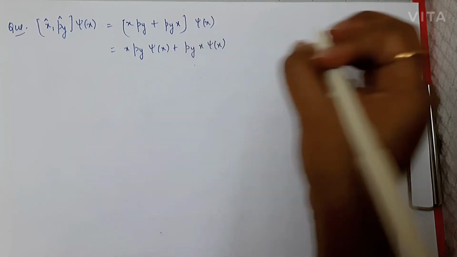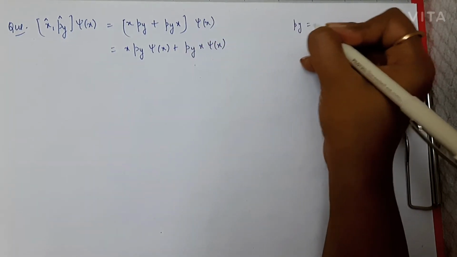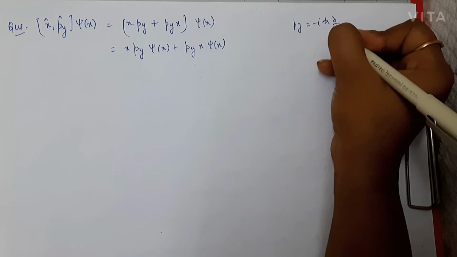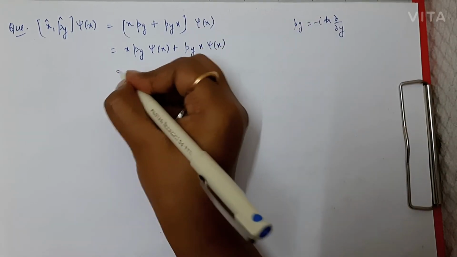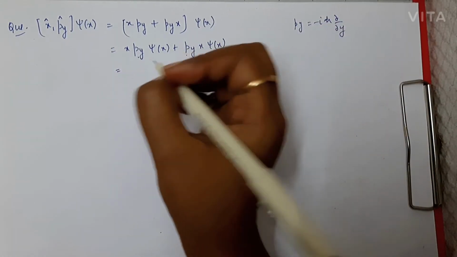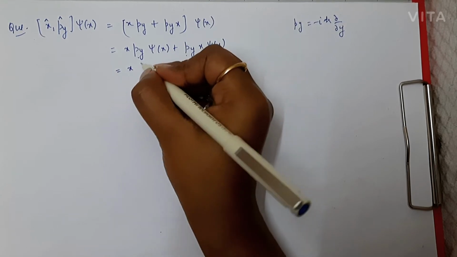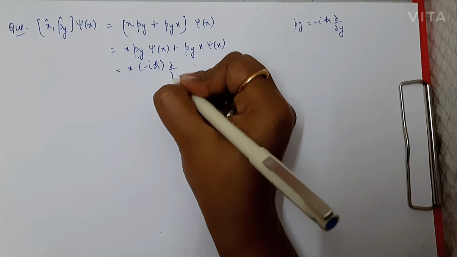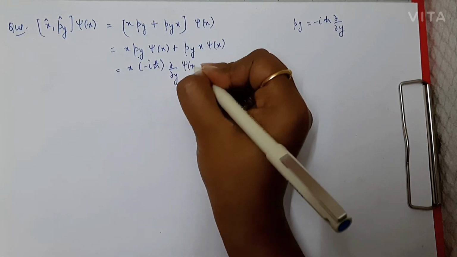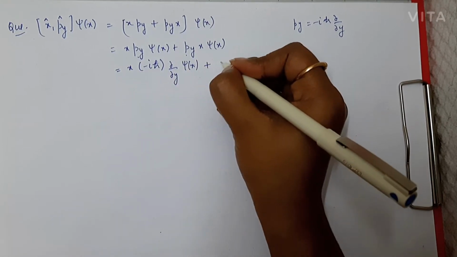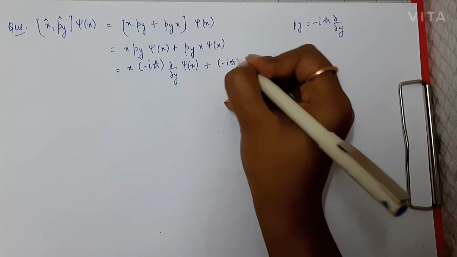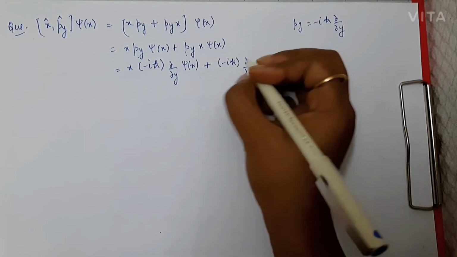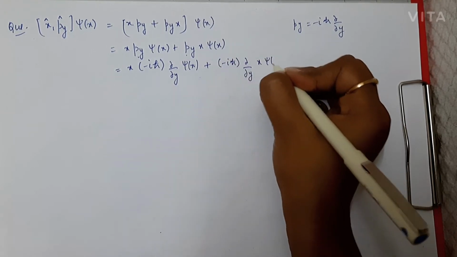Now you can put the value of py. Value of py is minus iota h cross del by del y. So put this value here and here. What we'll be getting is x into minus iota h cross del by del y of psi x, plus minus iota h cross del by del y of x into psi x.